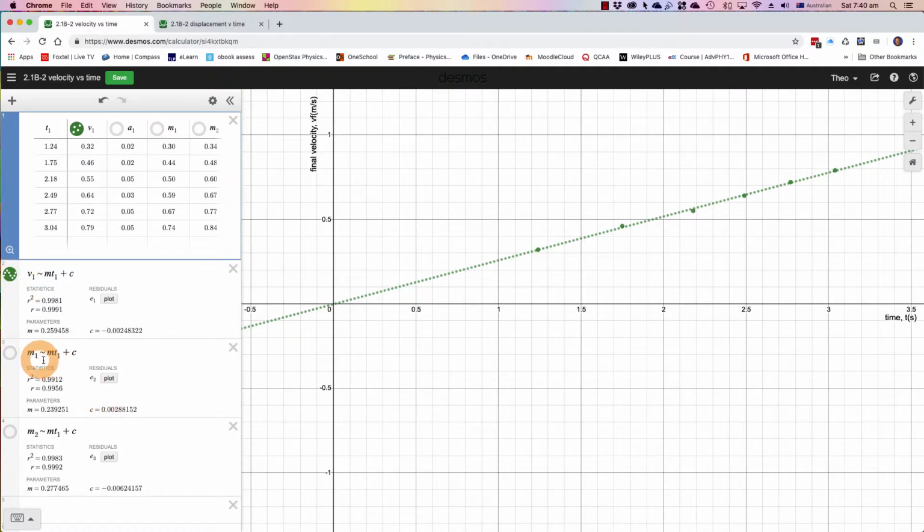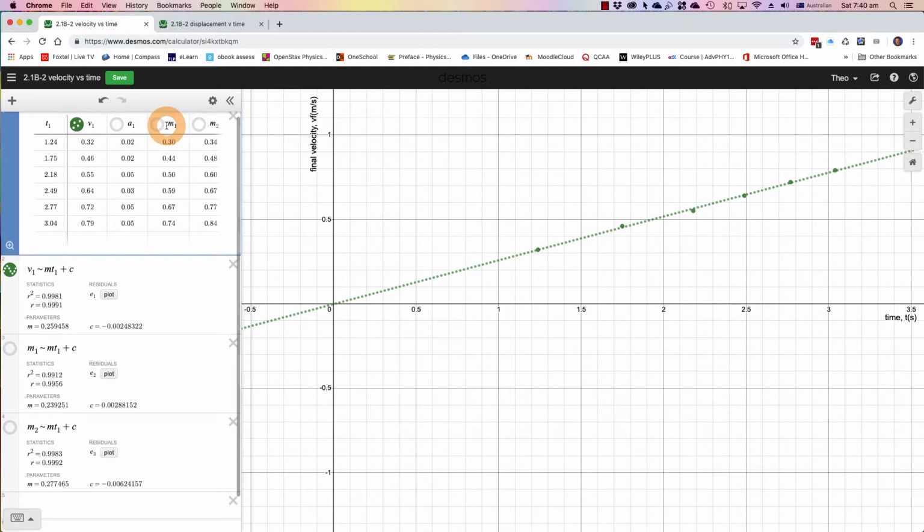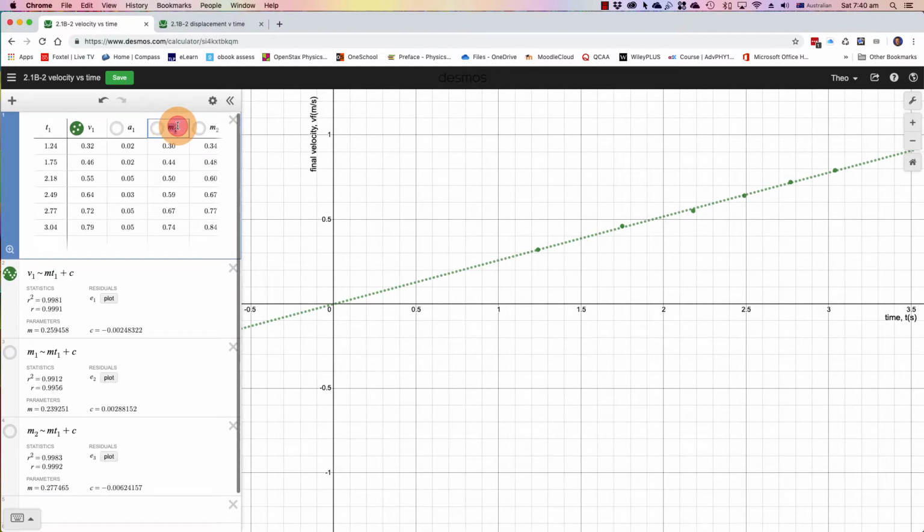Now what I'm going to do is I'm going to come here and I'm going to draw the graph for this data here, which is my minimum line of best fit. So I'm calling M1 the line, the minimum line of best fit. So you can see here I've got M1 tilde MT1 plus C. That means it'll draw me a line of best fit with a gradient M for this set of data.